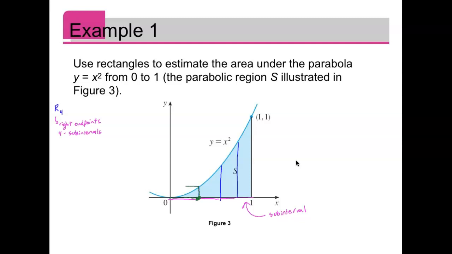So now I'm going to create a rectangle. Second subinterval, go to the right endpoint, trace up until you hit the curve. That's the height of that rectangle on that subinterval. Continue on. Right endpoint, that's your height. Right endpoint, that's your height.